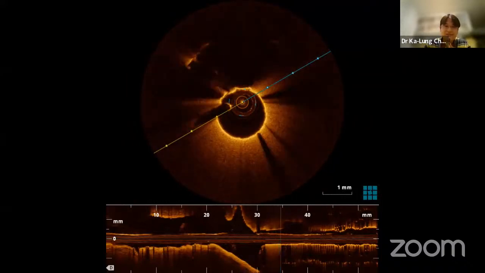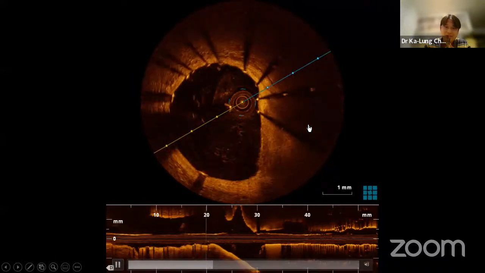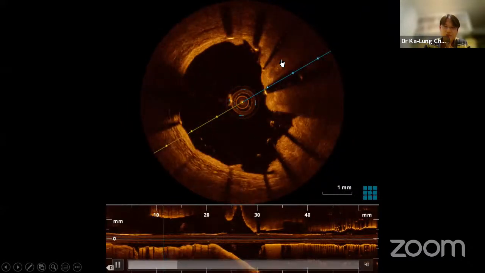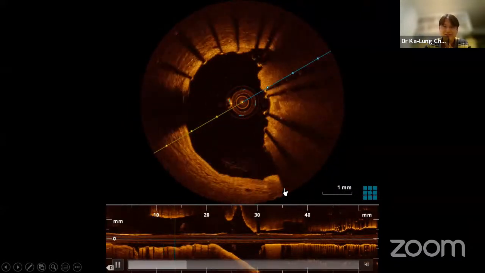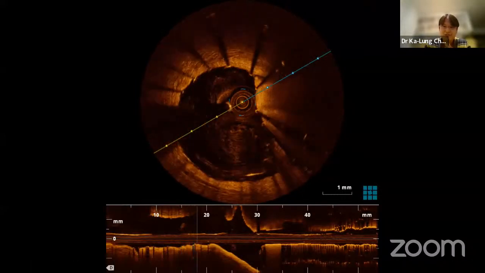So the operator thought that the result is not as good. I want to show you once more: this is the calcified nodule in the proximal LAD. Although the stent lumen is acceptable, the stent expansion is not as good.